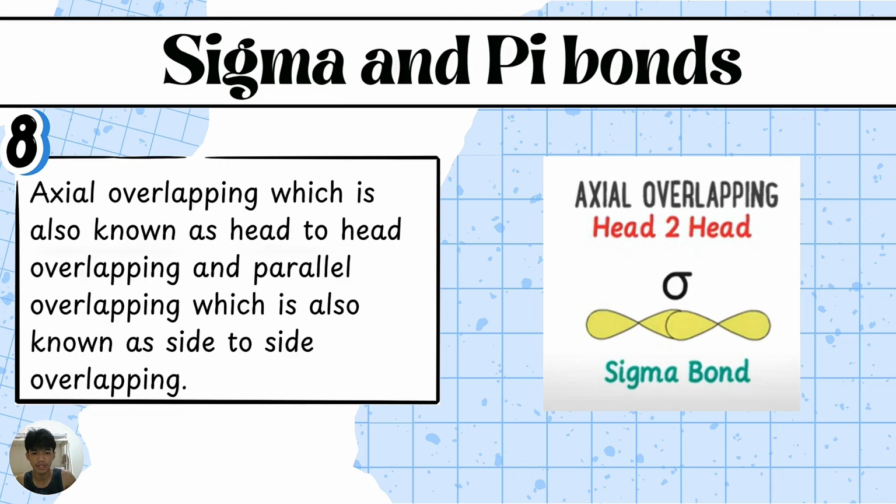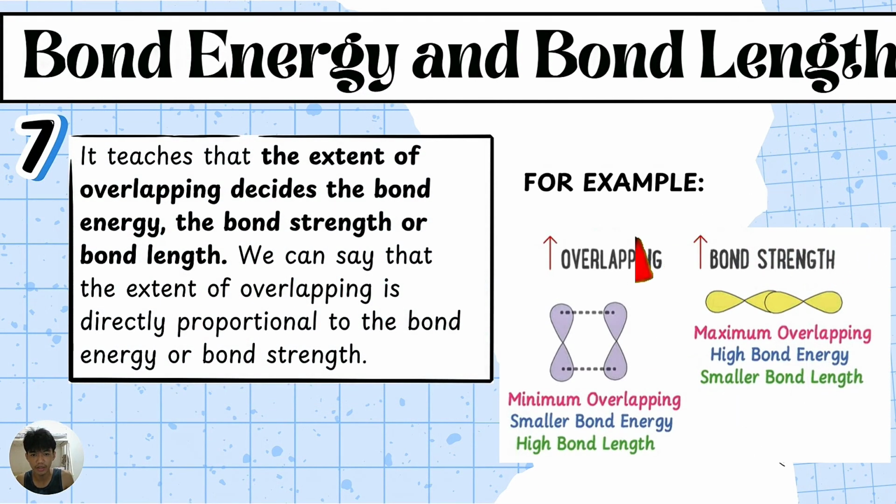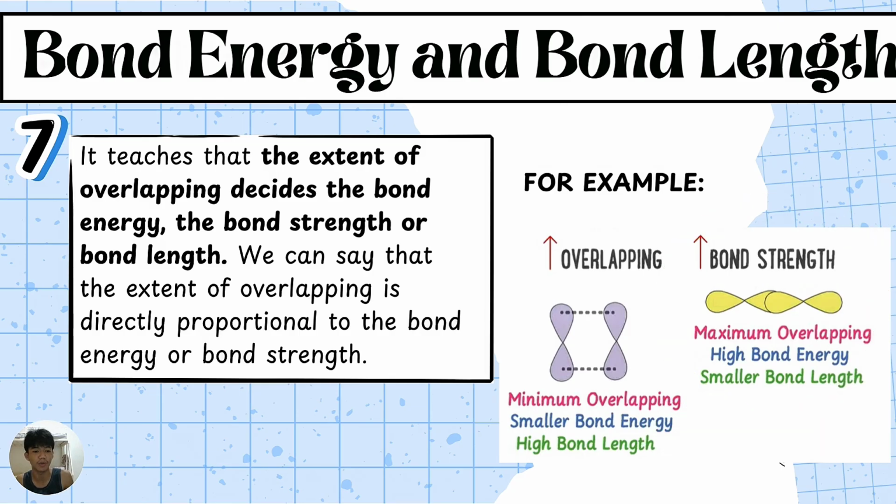If it's the head and the head bonding together, that's called axial overlapping or sigma bond. So this one here, the yellow dumbbell, is an example of sigma bond or axial overlapping.